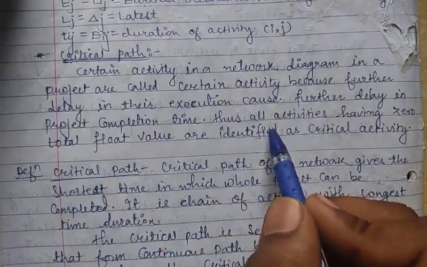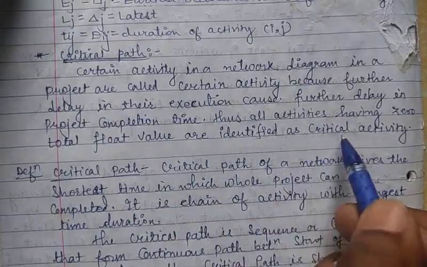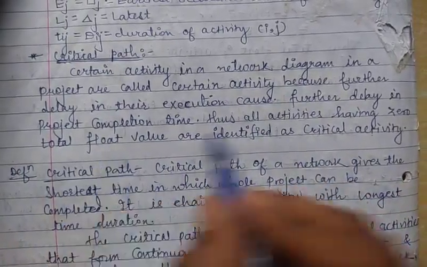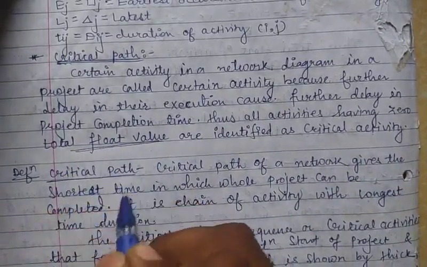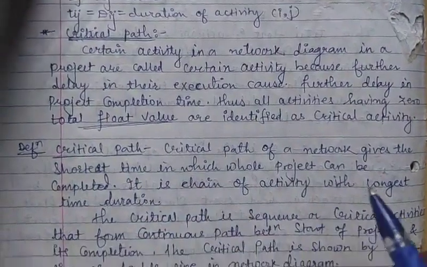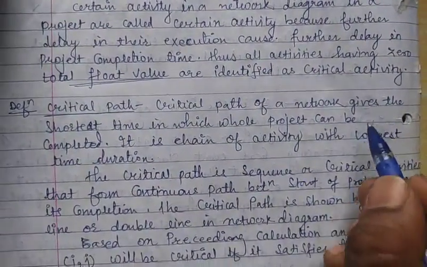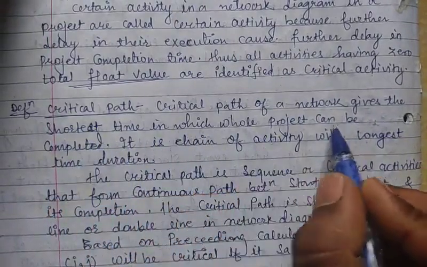Thus all activities having zero total float value are identified as critical activities. Now what is critical path? Critical path of a network gives the shortest time in which the whole project can be completed.